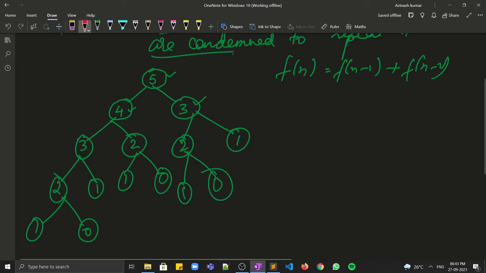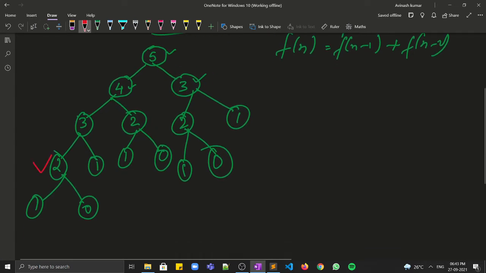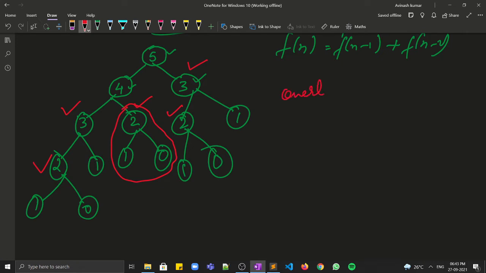One thing you can observe here, if you carefully see, 2 is getting repeated here, here, here. Also 3 is getting repeated here and here, right? So you can see there are repetitions. These repetitions are nothing but overlapping sub problems.